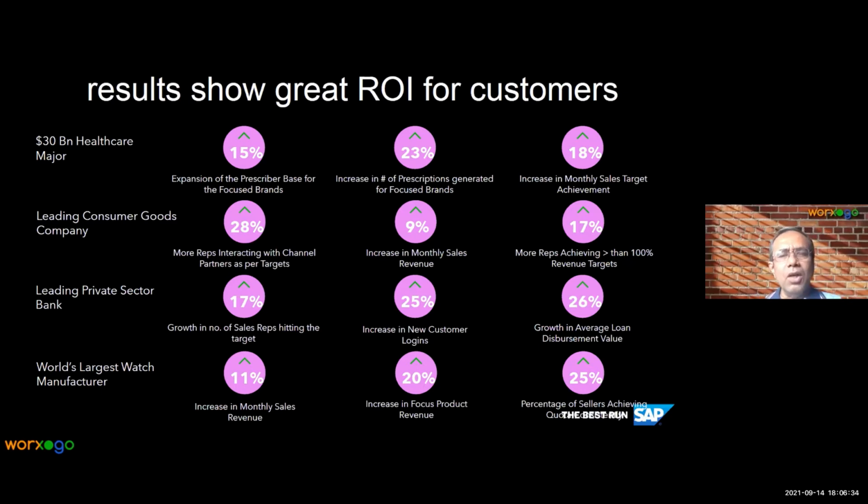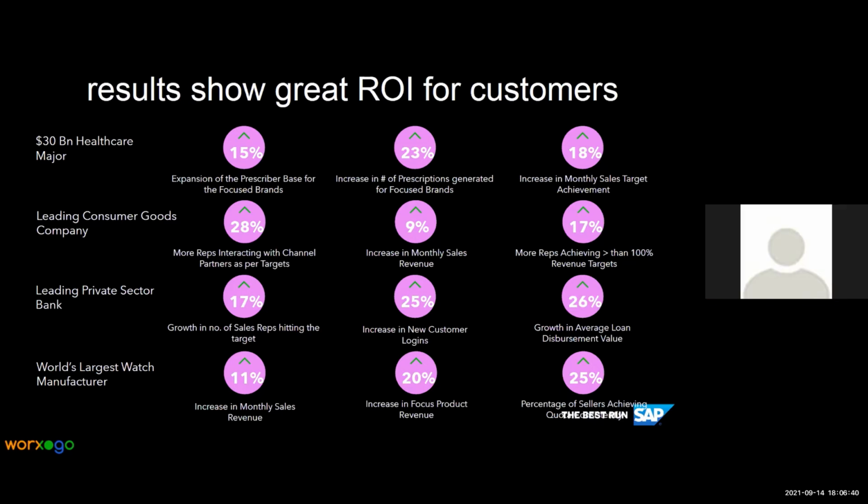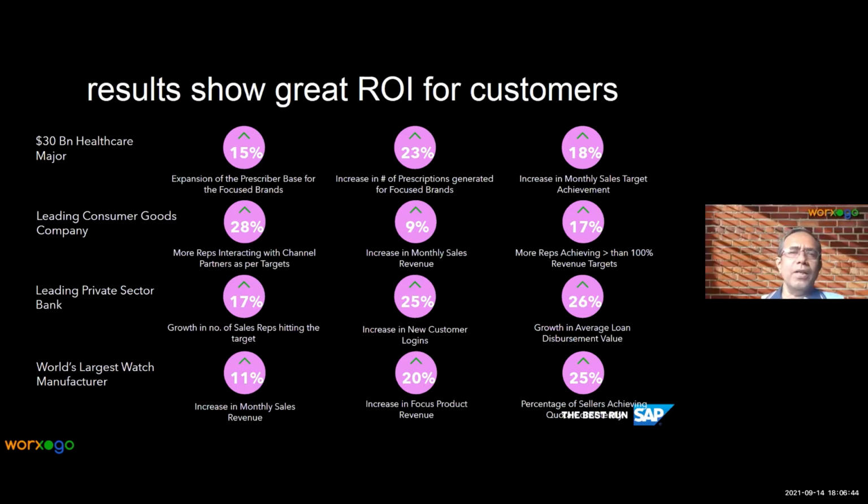But you normally have about 6 to 7 different KPIs or metrics. Some of them are effort KPIs. If you're in a consumer product company, then some of your effort KPIs would be a journey plan and the number of calls you need to make, the total number of productive calls that you need to make, number of lines cut per call, focus products that you sell, and so on.